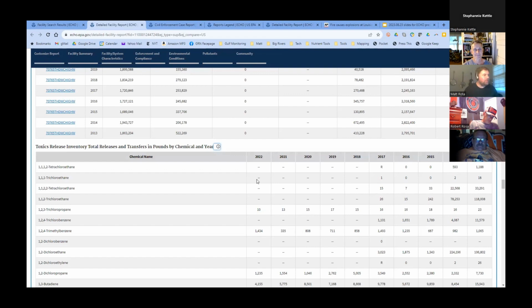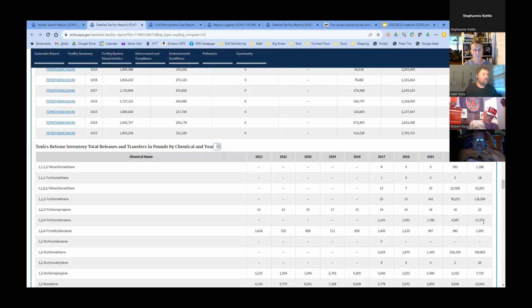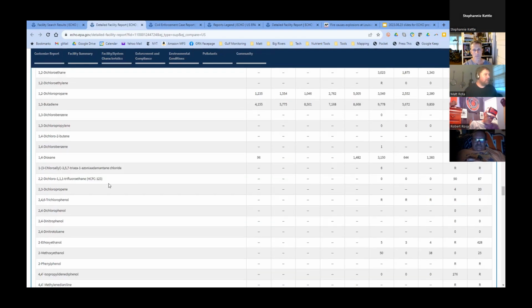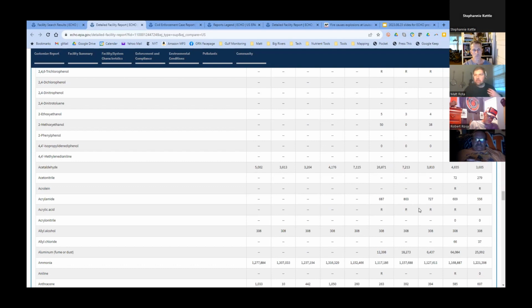So if you don't know what this is, I can click on this and it tells you the number and days of total releases in pounds that was released. And so we can see just how many pounds of 1,3-butadiene they're discharging every year, 15,000 pounds. And this is useful if this facility is close to you, or you know people that are concerned about it.